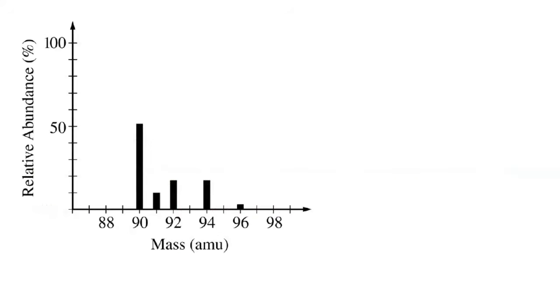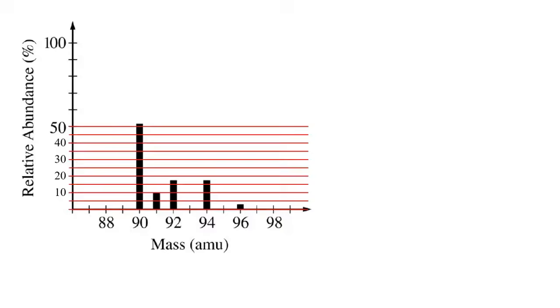If we were to try to draw some horizontal lines on this diagram, and then estimate the percent abundance or the relative abundance of each isotope, looks like the largest peak is 90, which has a percent abundance of approximately 51%.